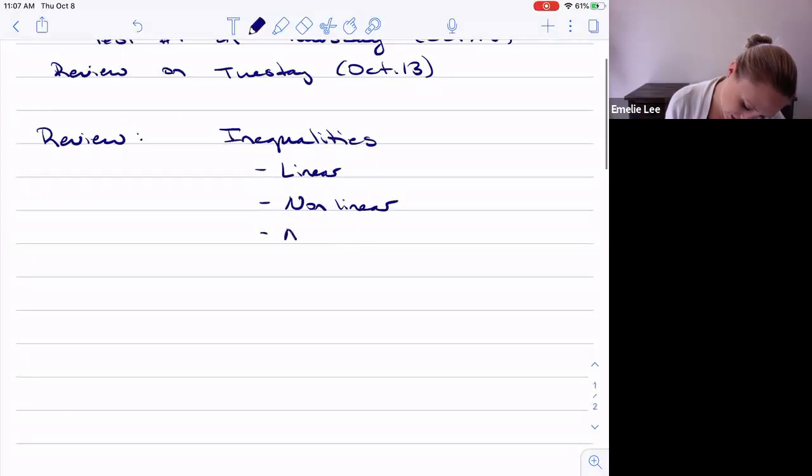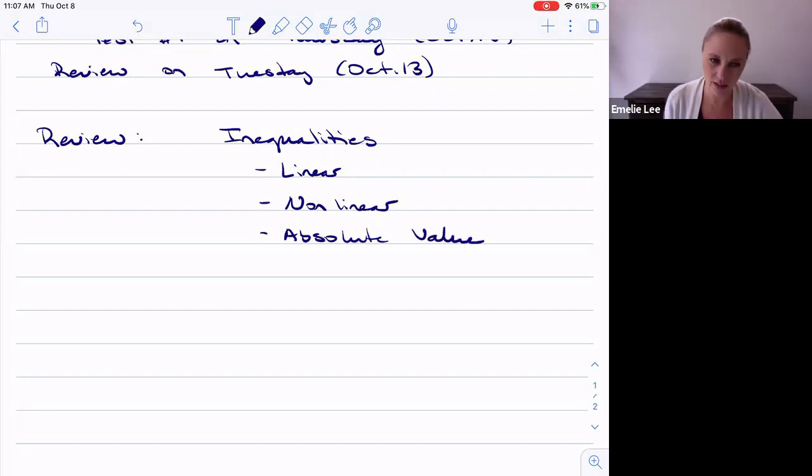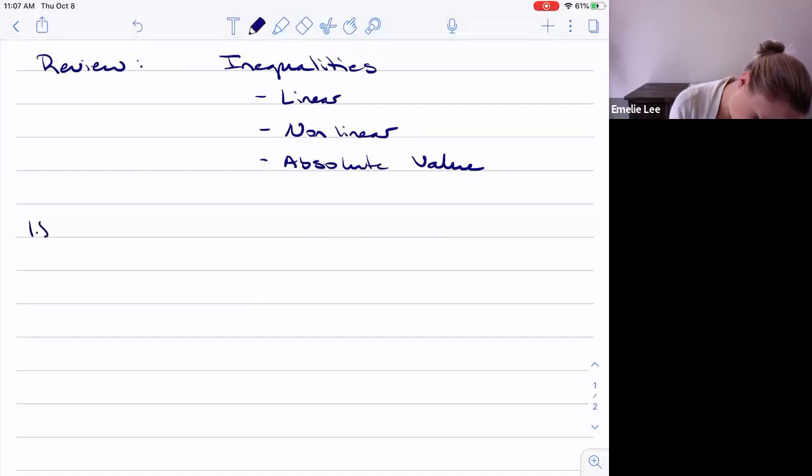And then we also talked about absolute value inequalities, which were also a little bit tricky, but once you dissolve the absolute value, it became a simpler linear inequality anyway. So what I said last day was try number 51 from 1.8. Give it a go on your own, and then we'll use it as part of our review next day. And here we are. We're going to start with 51.